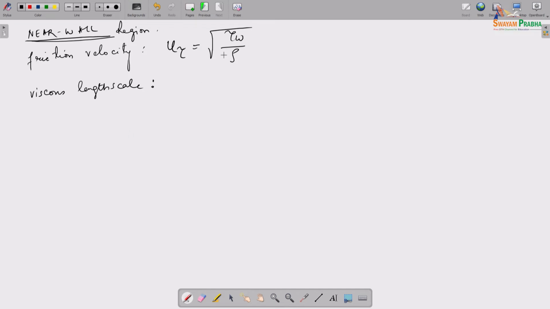So, friction at the wall, I mean, shear stress at the wall, tau wall. Then this viscous length scale we define as this.